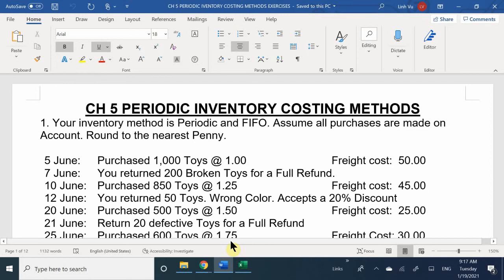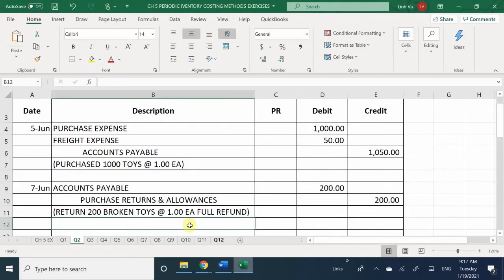Or do you want to go to your worksheet first, complete it, and then go back to your journal? Journal first. Okay. So on June 10 we purchased 850 toys at $1.25 with the freight costing $45.